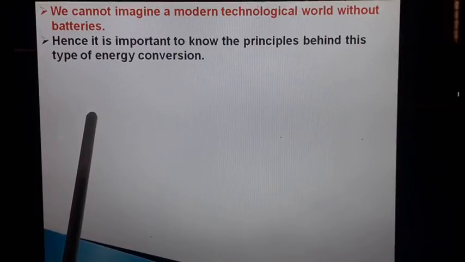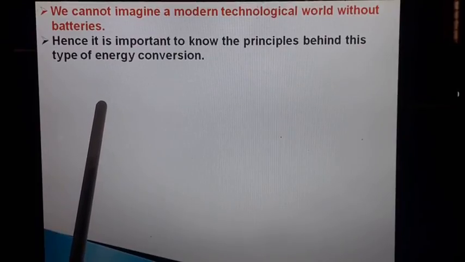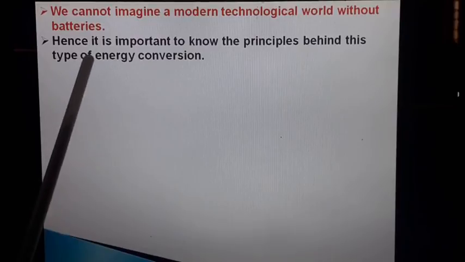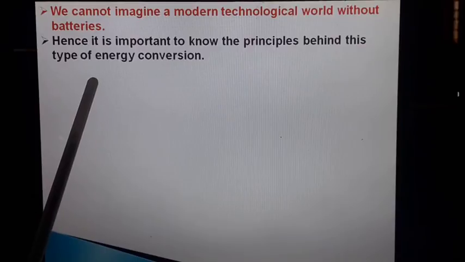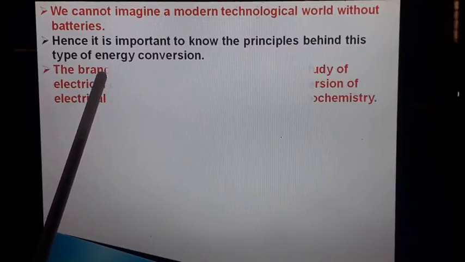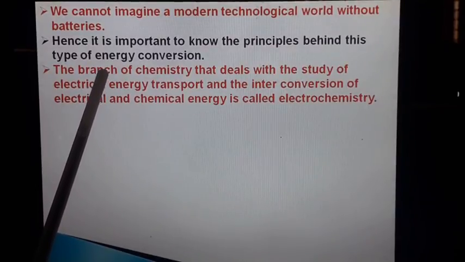Next, it is important to know the principles behind this type of energy conversion. What are the principles for energy conversion? We see in this lesson the basic branch of electrochemistry. What is electrochemistry?